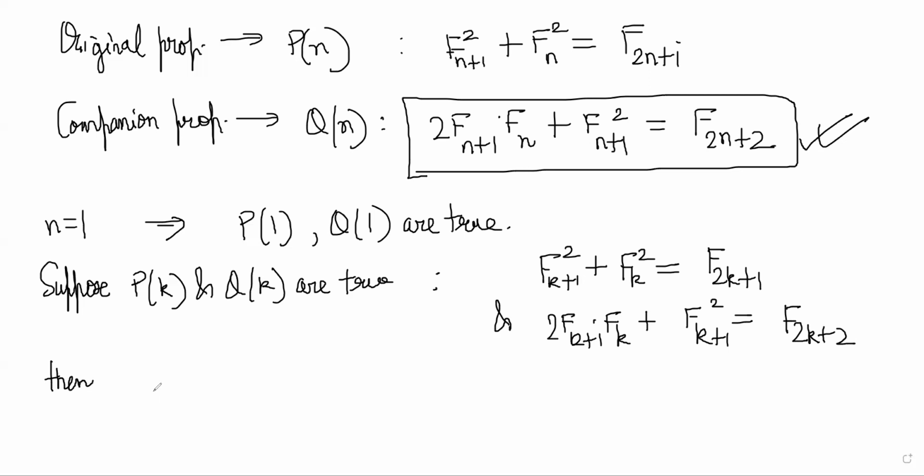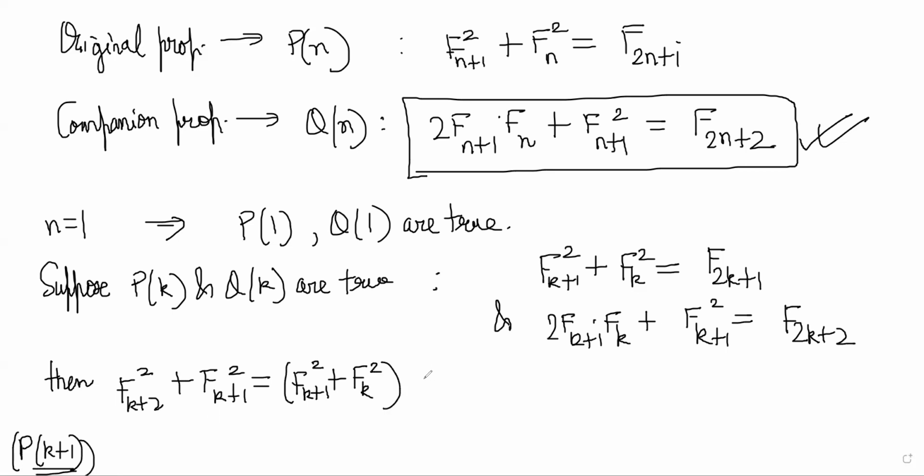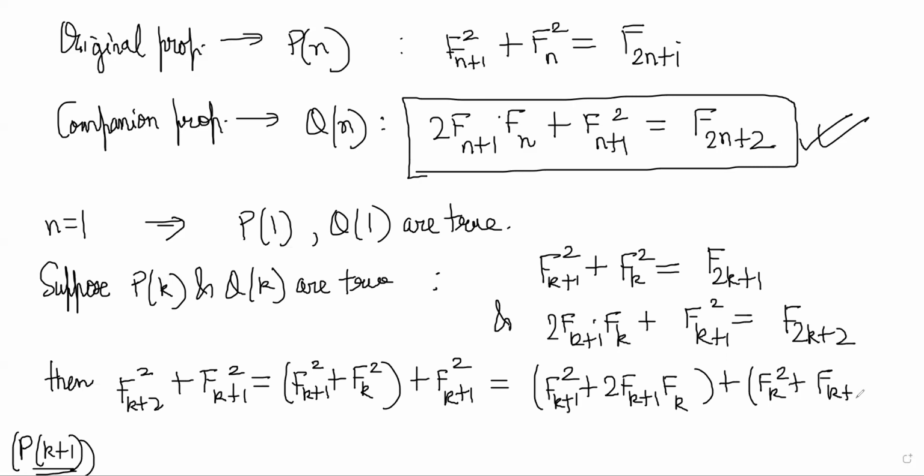Then let's find out what is f of k plus 2 whole squared plus f of k plus 1 whole squared. So what we are trying to do is show p of k plus 1 now, right? So this is equal to f of k plus 1 whole squared plus f of k whole squared plus f of k plus 1 whole squared, which will be equal to f of k plus 1 whole squared plus 2 f of k plus 1 into f of k plus f of k squared plus f of k plus 1 whole squared.